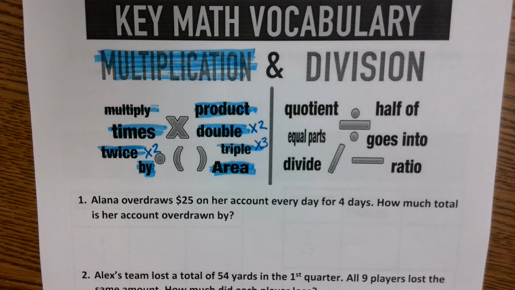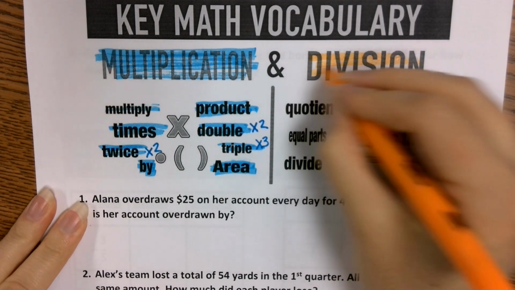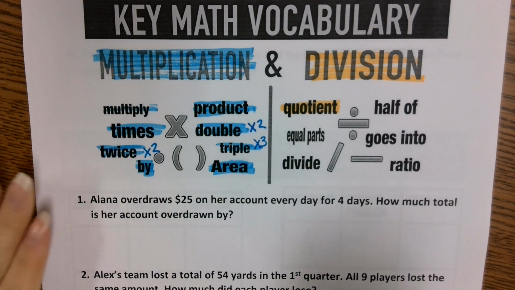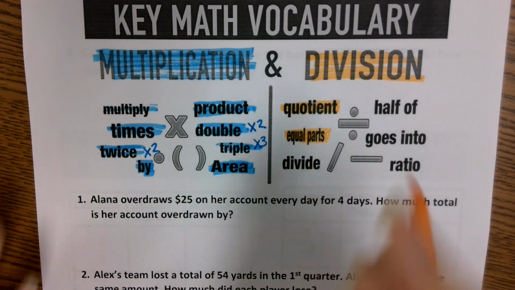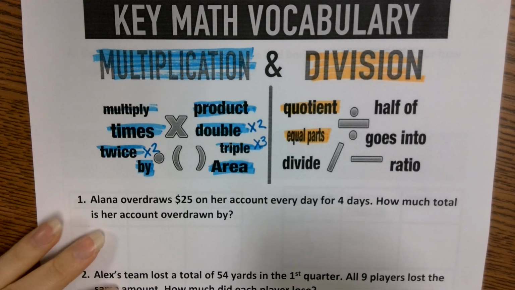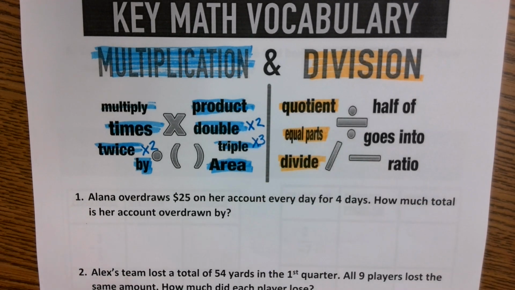Then we've got division. So our key vocab words for division, we've got quotient, equal parts. Whenever you see a problem is discussing that we're going to take this into equal parts, that is a division problem. Obvious words of divide, that's going to be division as well.